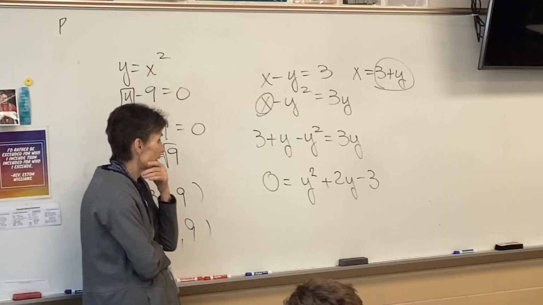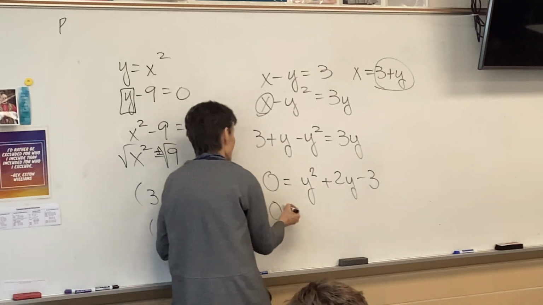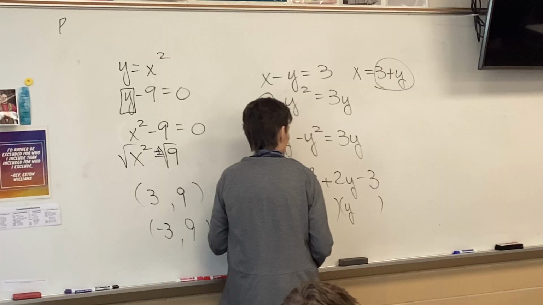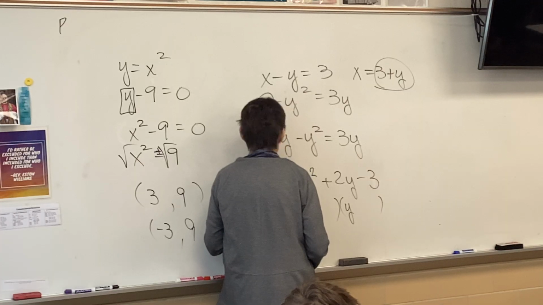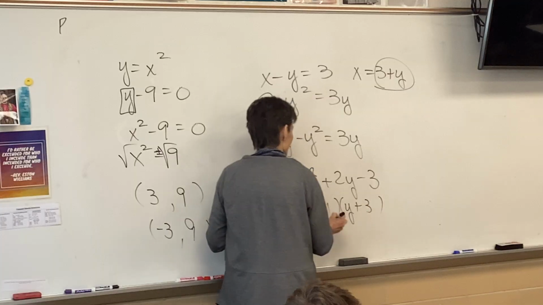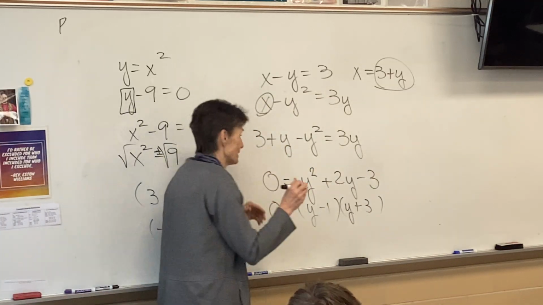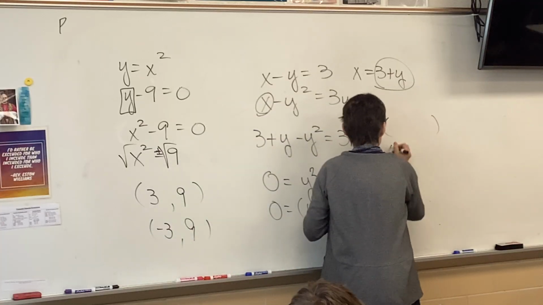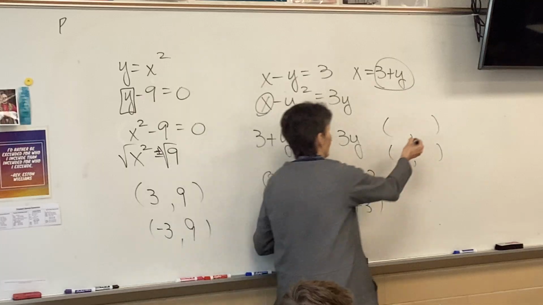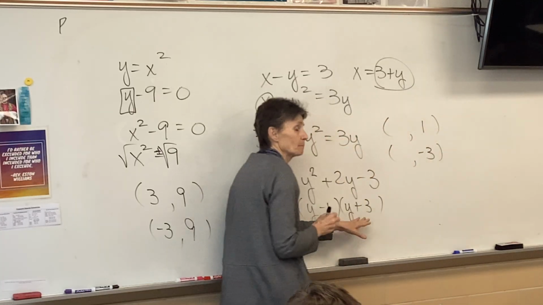Yeah. Now what? Now I'll factor. And how does it factor? 3 negative 1. It's got to be plus 3 minus 1. Which means what? I have 2 answers again. y is either 1 or y is -3.